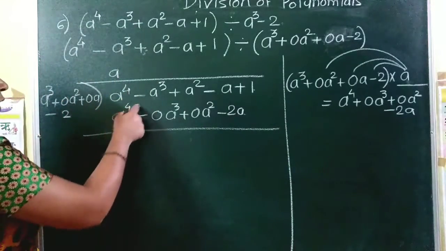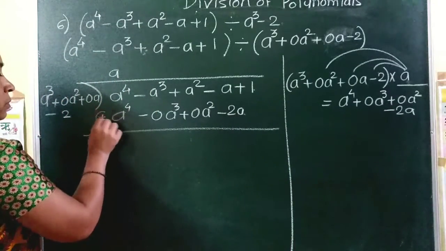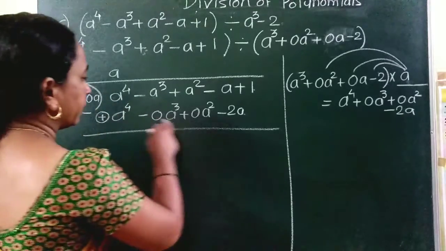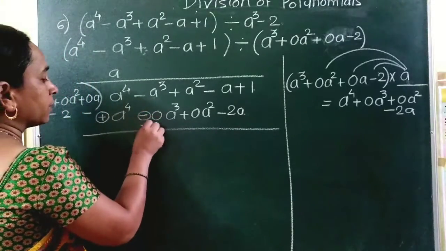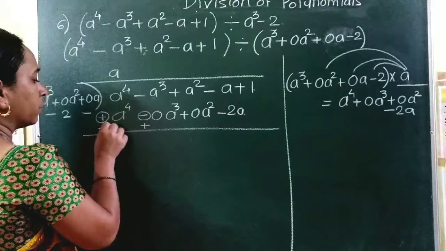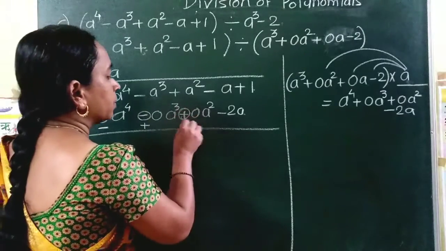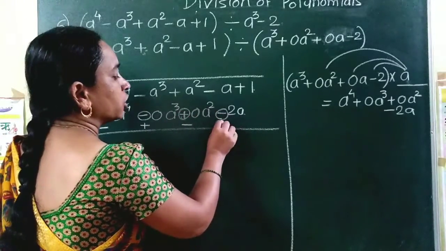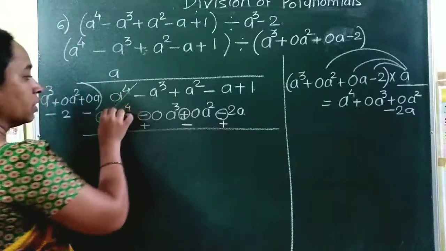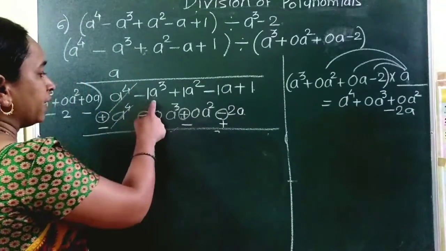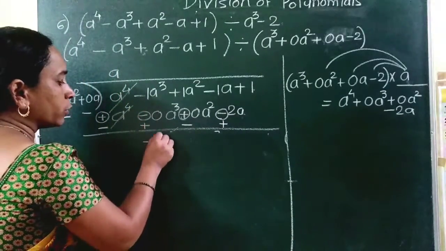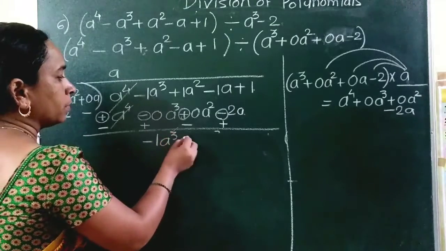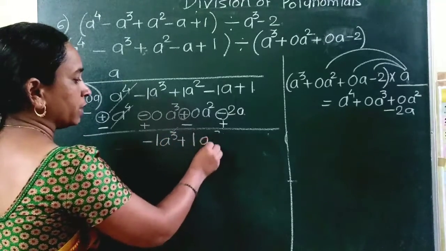A raised to 4, because of negative sign, the signs will change. This will become plus, it will become minus, this will become minus, and it will be changed into plus. First term will be cancelled. Minus 1 plus 0, so it would be minus 1a cube plus 1a square.